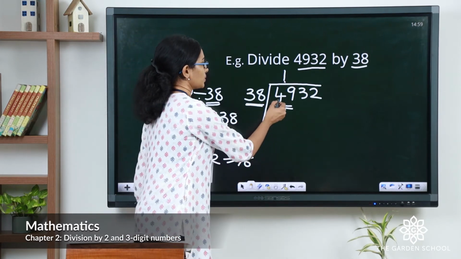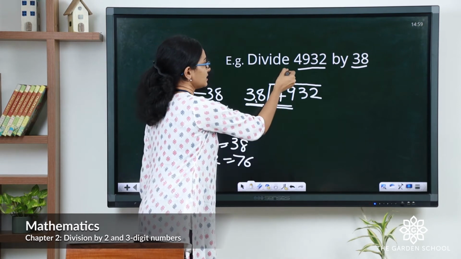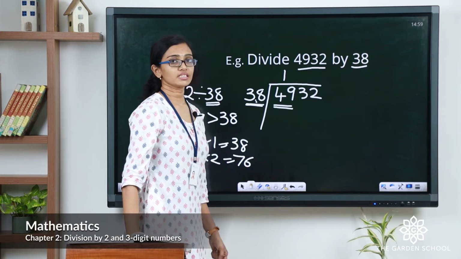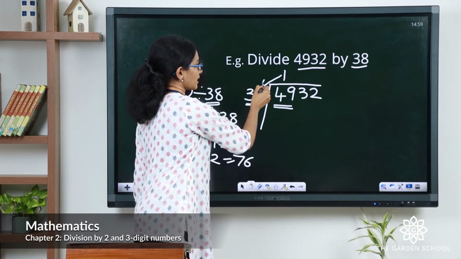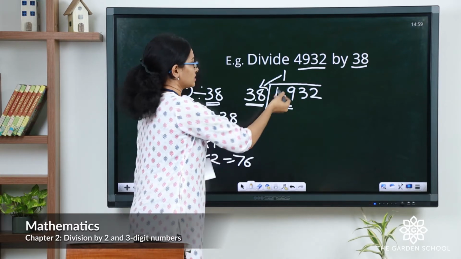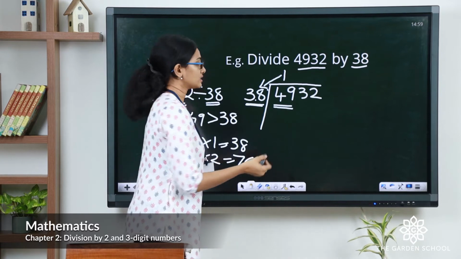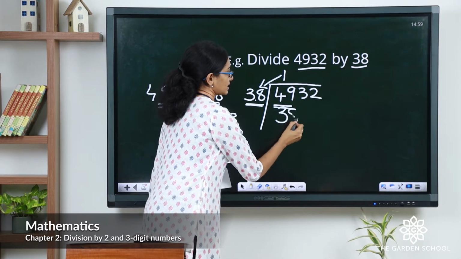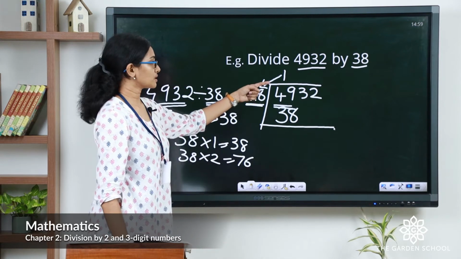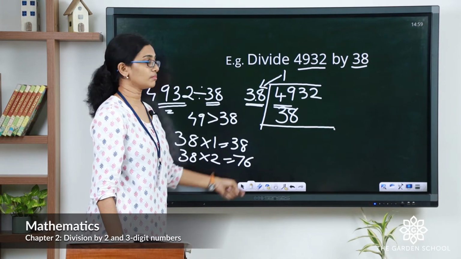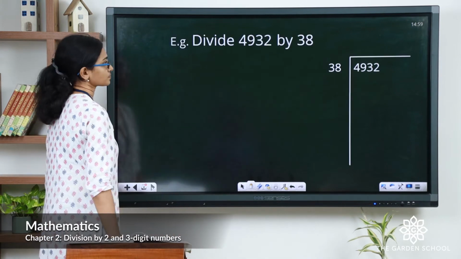Now, we divided this 49 by 38 and the result we get here is written as 1. Now, we have to multiply backwards the quotient into divisor, or 1 into 38. What is it? It is 38 itself. Now what we have to do? Now we have to subtract these two numbers, 49 minus 38.